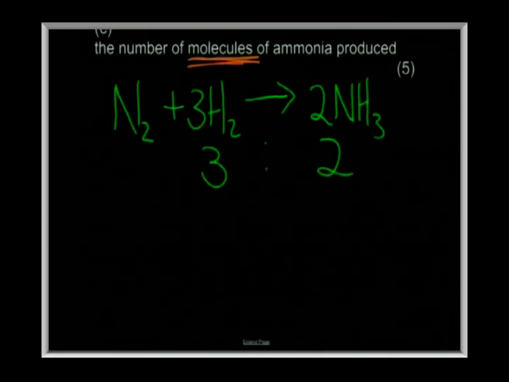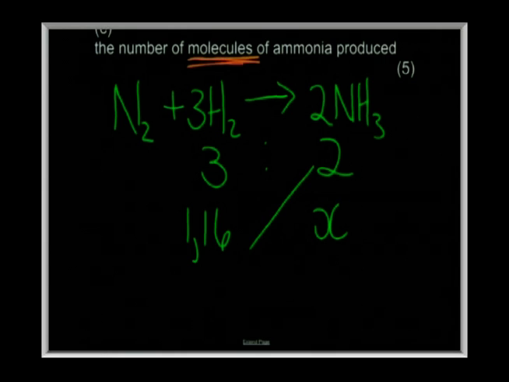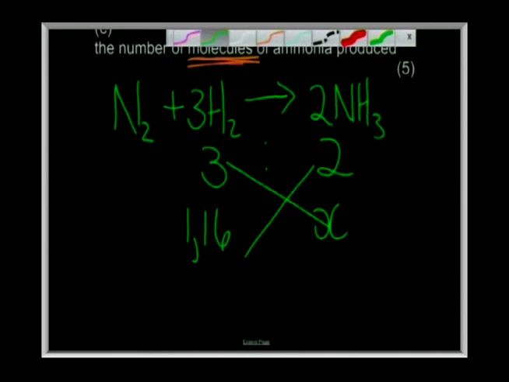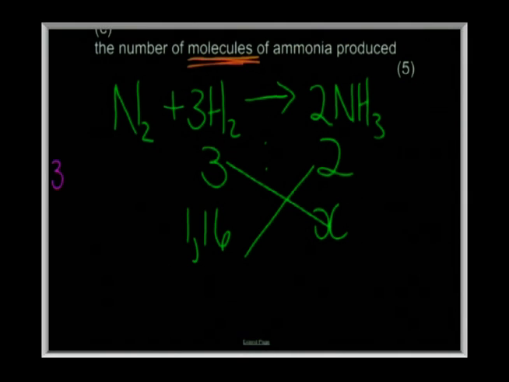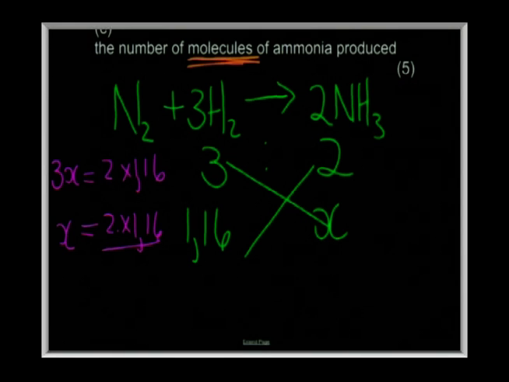And I know that I have got 1.16 moles of hydrogen at my disposal. Now I want to calculate how many moles of ammonia that is going to make. And once again, I put an X. Then I cross multiply. Now I know I've got my ratios right. And I get an equation that says 3x is 2 times 1.16. So x is 2 times 1.16 divided by 3.